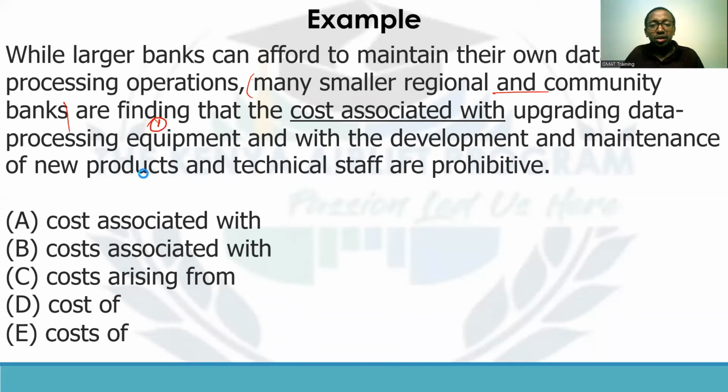And with the development and maintenance of new products and technical staff are prohibitive. So this is our main list, number one, and the development and maintenance of new products and technical staff. So we are developing and maintaining new products and technical staff. So all this is our item number 2.